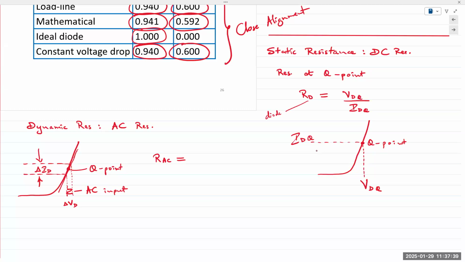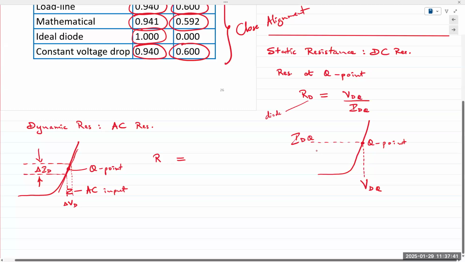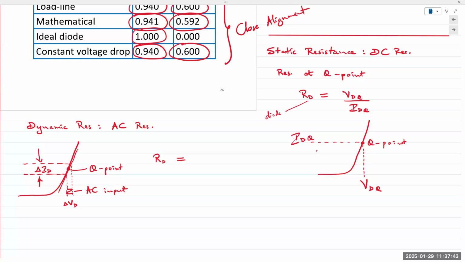So RD, AC or dynamic resistance, and there's a brief mathematical derivation where we can prove this comes out to be VT over ID.